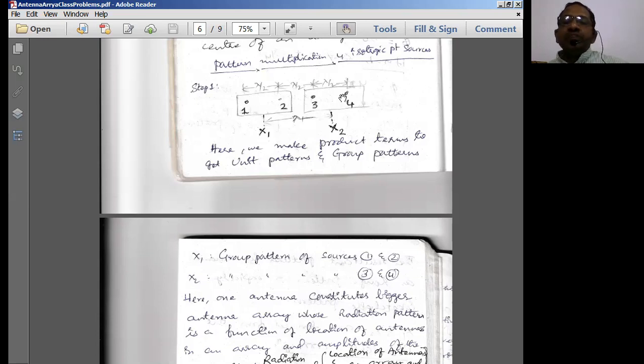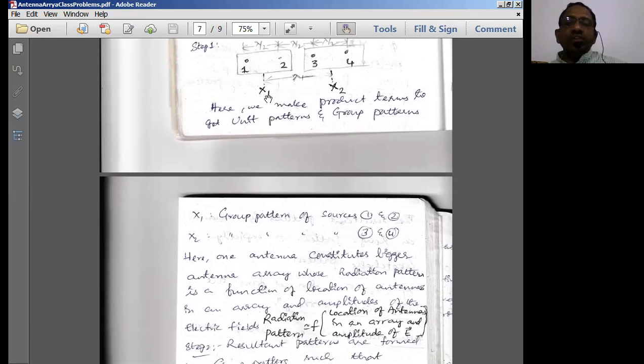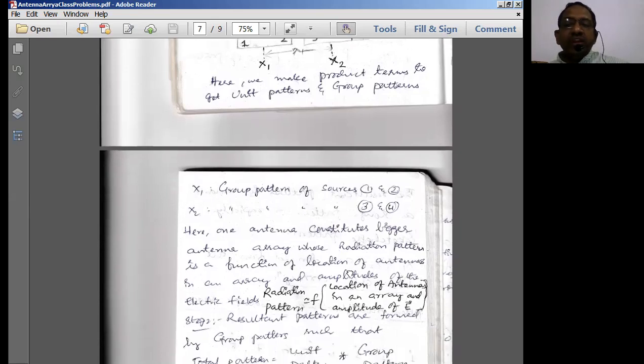Similarly, the middle of antennas 3 and 4 is going to be X2. X1 is the group of the 2 point sources 1 and 2. X2 is the group of the 2 point sources, obviously 3 and 4.